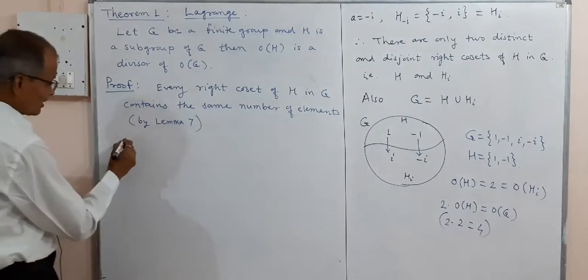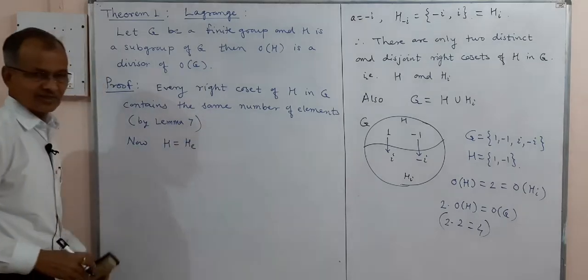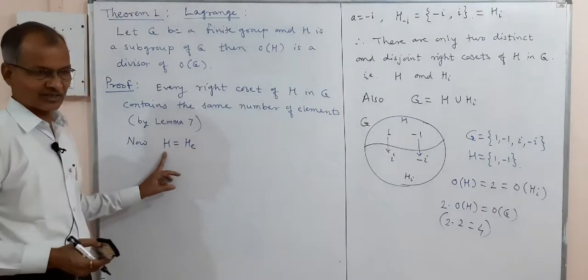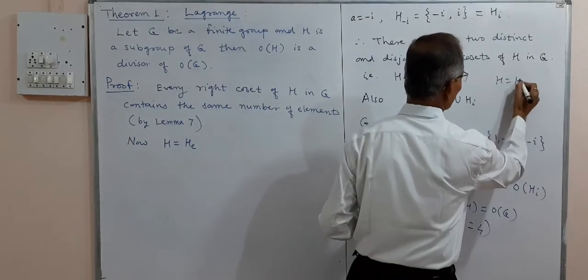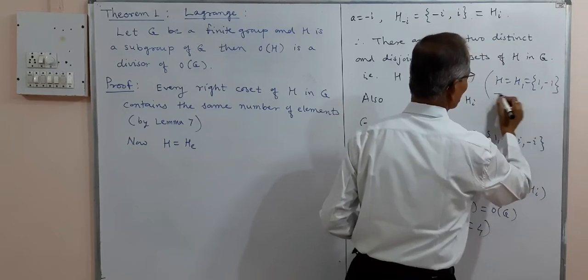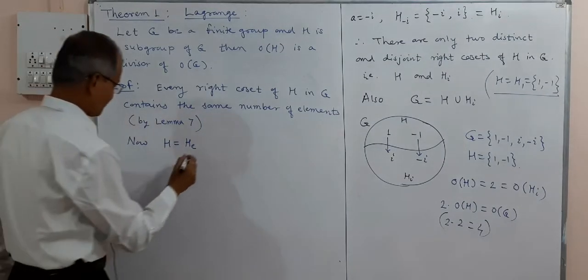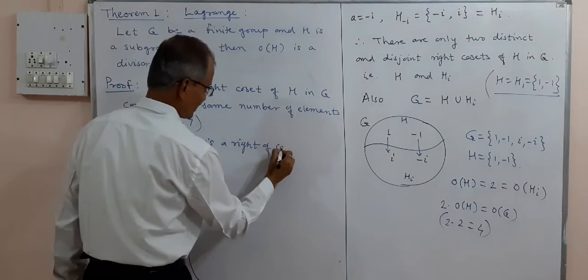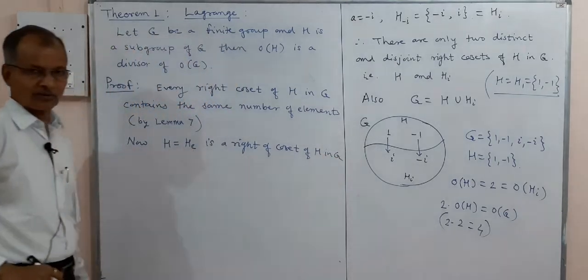And now H is equal to HE. We have considered E belongs to G, the identity, and HE is the same as H. Here H is the same as H1, 1 is the identity, and that is 1 and minus 1. So H is equal to HE, which is a right coset of H in G. It is of the form HA, and therefore it is a right coset.